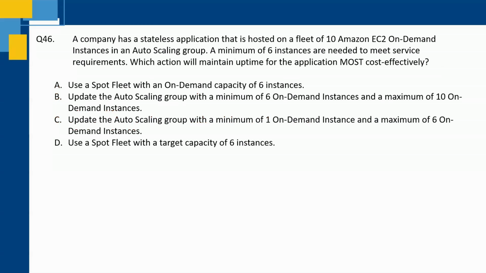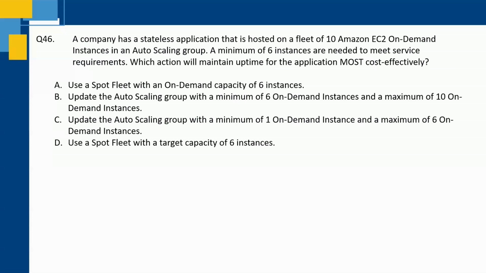Next question. A company has a stateless application that is hosted on a fleet of 10 Amazon EC2 on-demand instances in an auto-scaling group. A minimum of 6 instances are needed to meet service requirements. Which action will maintain uptime for the application most cost effectively?